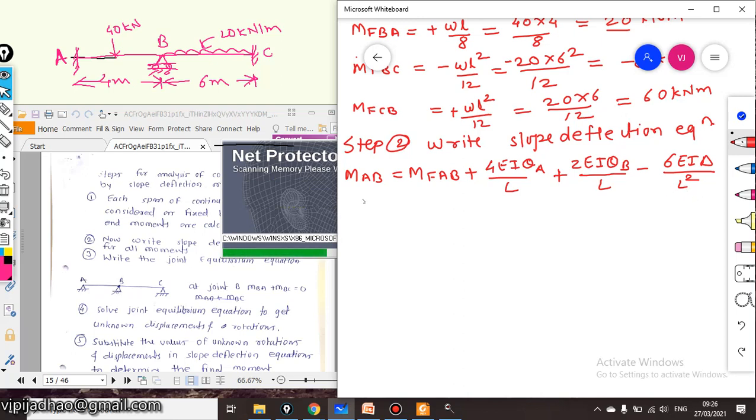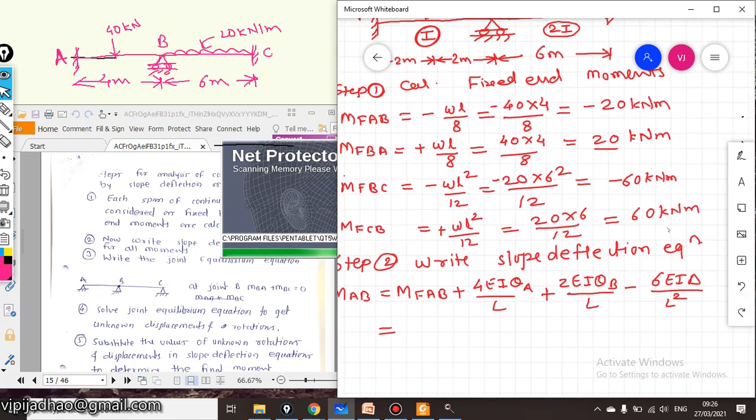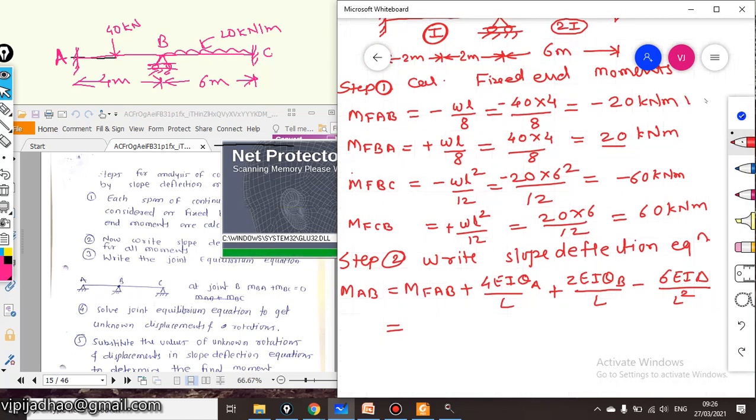Similarly, so just put the values. We have MFAB, we have already calculated the value of MFAB as minus 20 kilonewton meter. So write down here minus 20, plus here you can see the value of theta A for this particular beam. Theta A will be 0 because this particular support A is a fixed support.